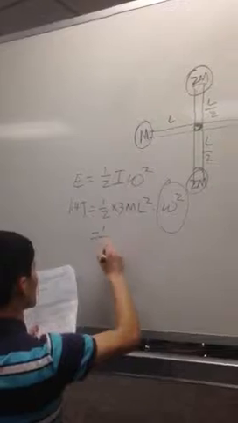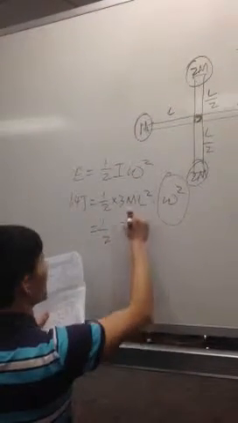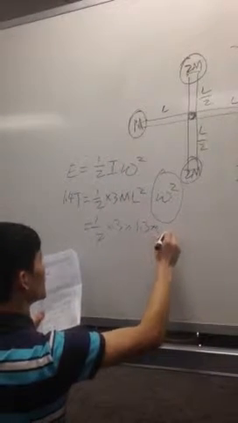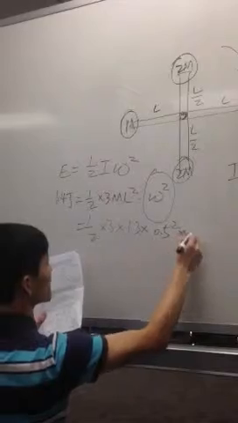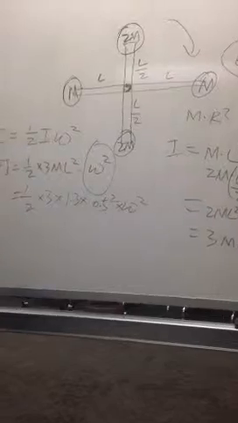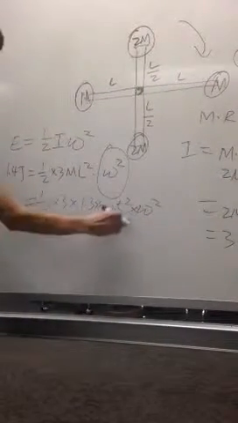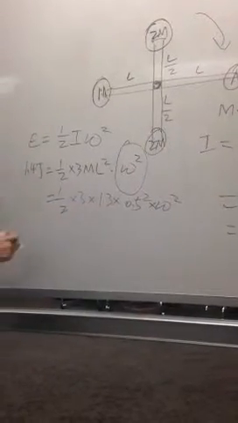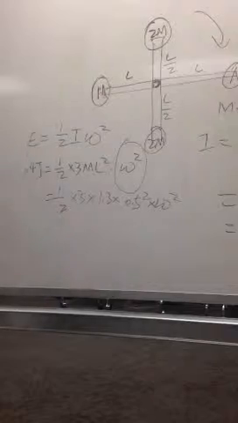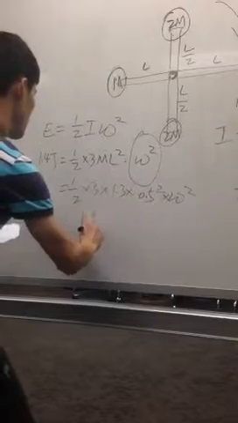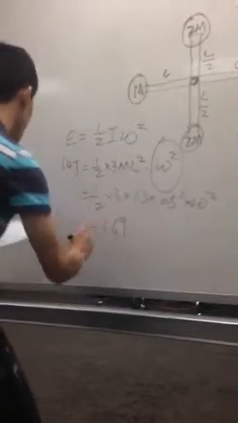You got times 3, m is 1.3, L is 0.5, times omega squared. And then this is easier because you just need to calculate this number and use this to divide this number. And then the square root will be the angular velocity, right? And then you calculate it, it will be 1.69. So the answer will be C, 1.7.